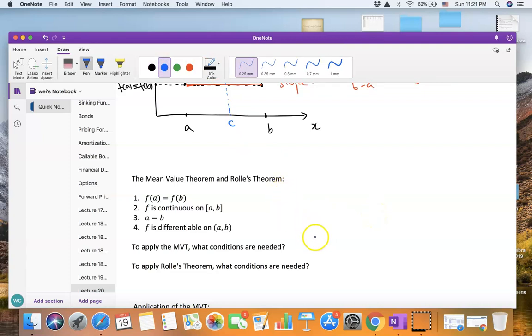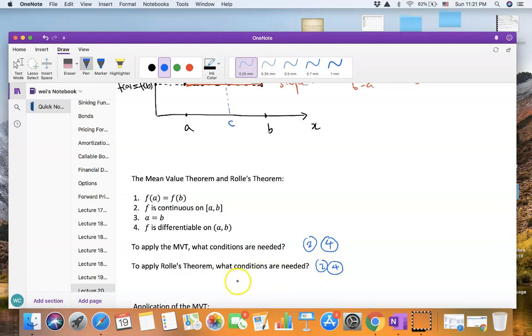All right. The answers are: to apply the mean value theorem, we want the function to be continuous on this closed interval and differentiable on this open interval. Since Rolle's theorem is a special case of the mean value theorem, these two conditions must be satisfied first.